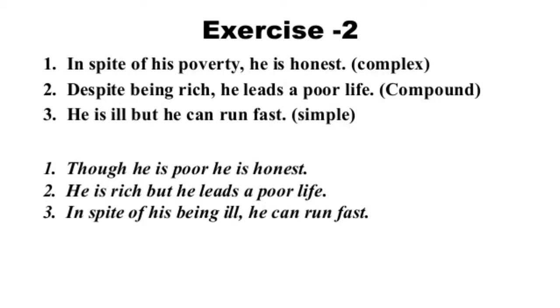So example for rule 2. Look at the first one. In spite of his poverty, he is honest. So in spite of. So what kind of sentence, children? Children, it is simple sentence. Very good. So you have to change into complex. So what you have to add in complex?